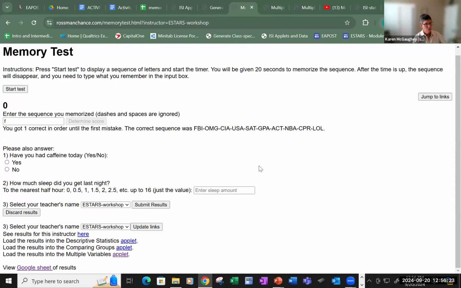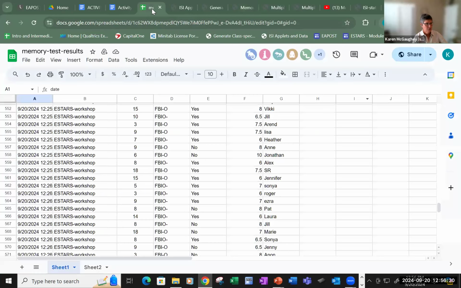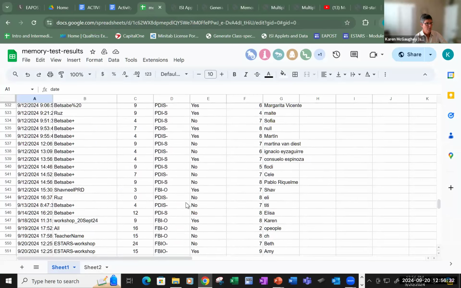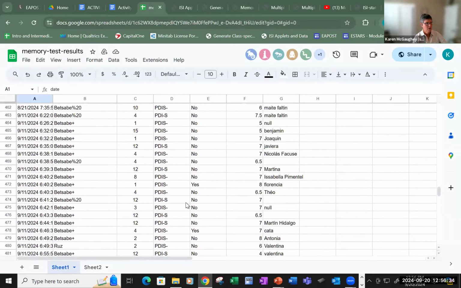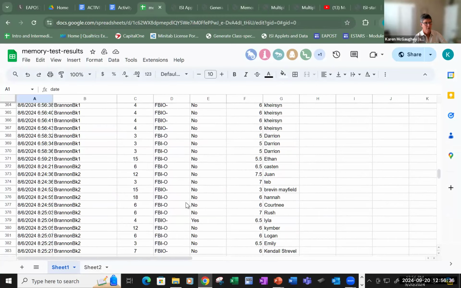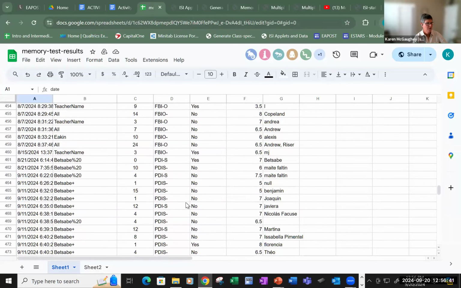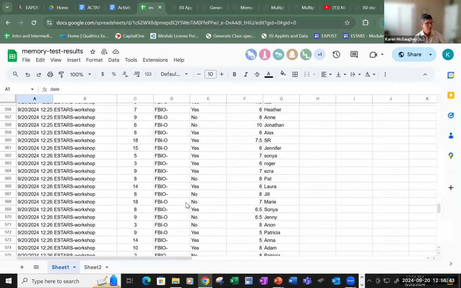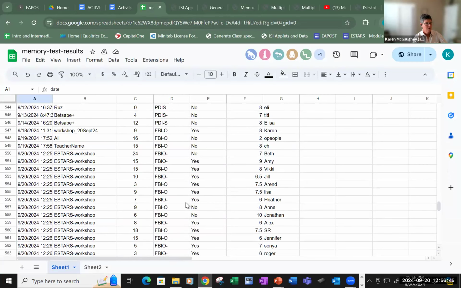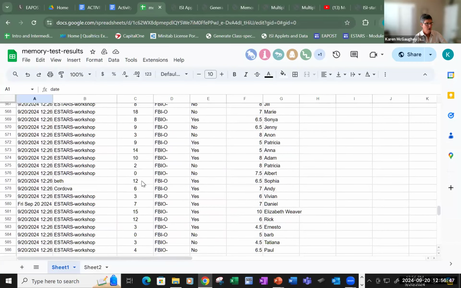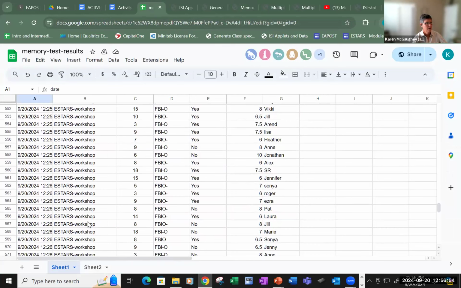Then also here, you can click into this Google Sheet. This actually shows results from every instructor that has ever given the memory test to their students. The latest results just get appended at the bottom, so you could copy this and save it as a file for your students to access later if you wanted to.